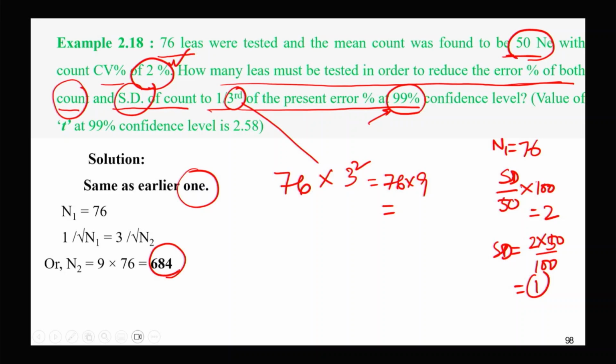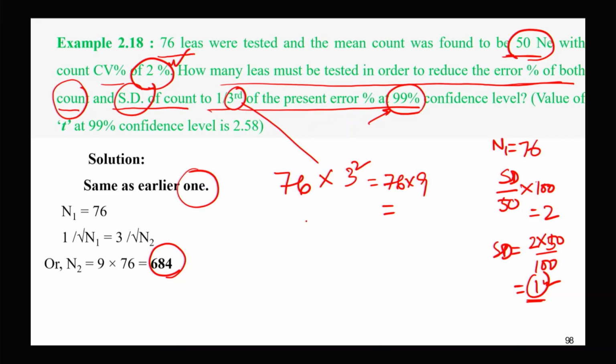Without any calculation, we can do it, and this will be valid for both count and standard deviation. So earlier we have done for yarn count. Now let us try for standard deviation. So present standard deviation is 1.